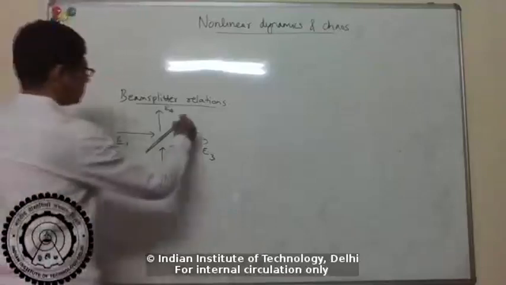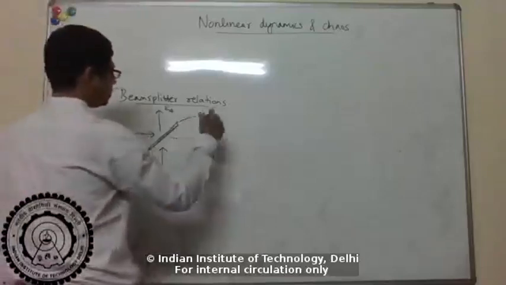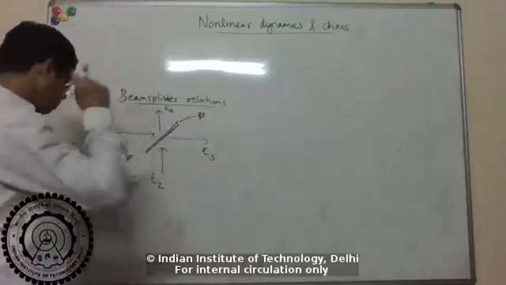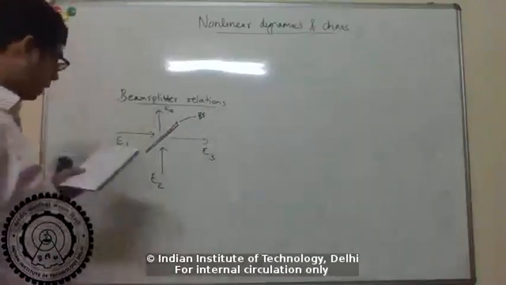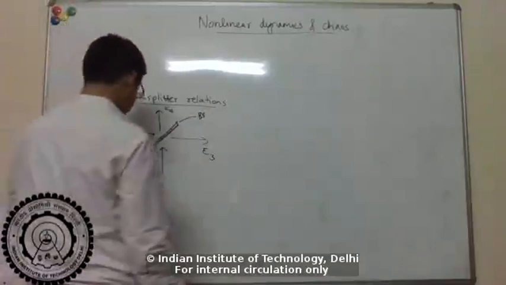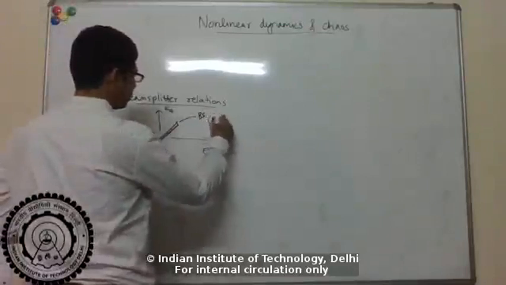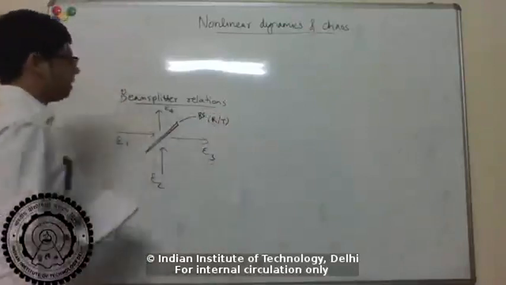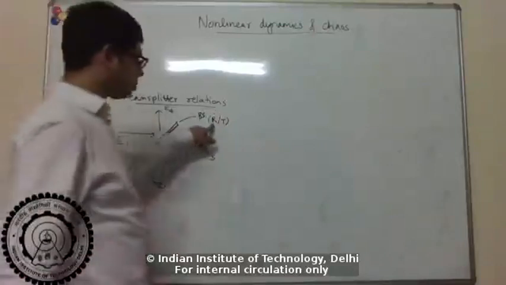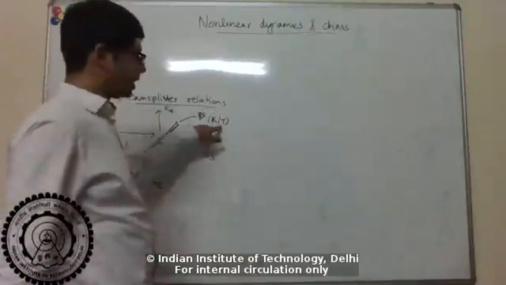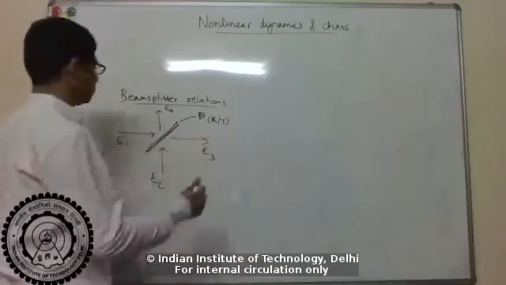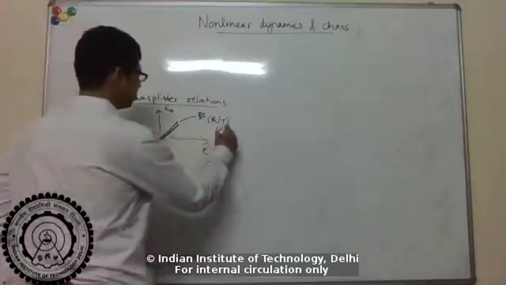Okay, so let's say this is some beam splitter, which has some reflectivity and some transmittivity. These are the intensity reflection and transmission coefficients. So R plus T is 1.